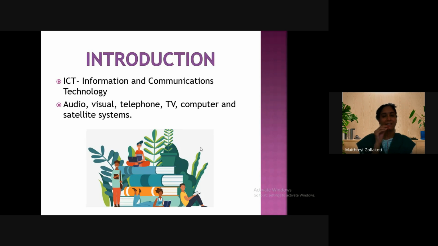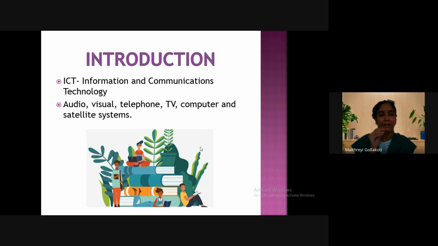Now, what is ICT? ICT is an acronym, as you can see. The full form of ICT is Information and Communication Technology. So, let us try to understand what that is.